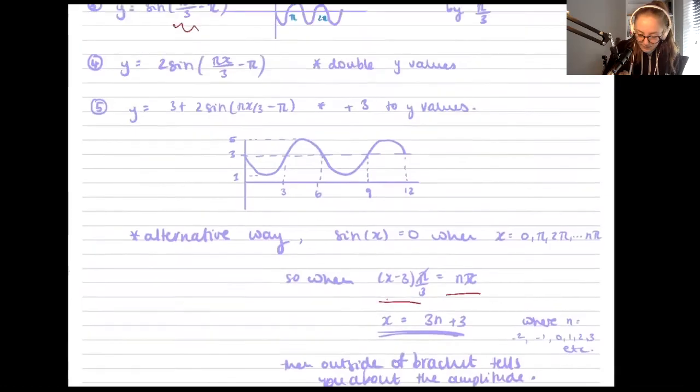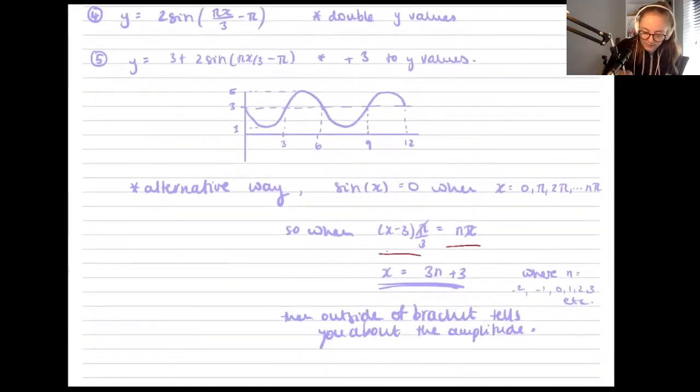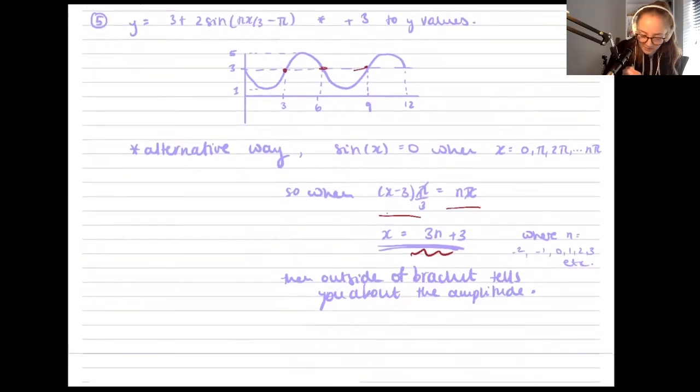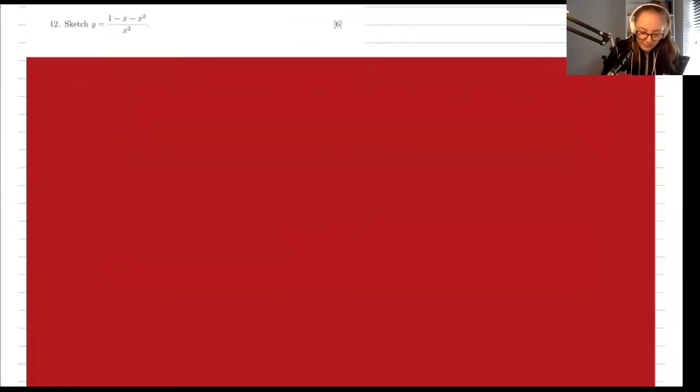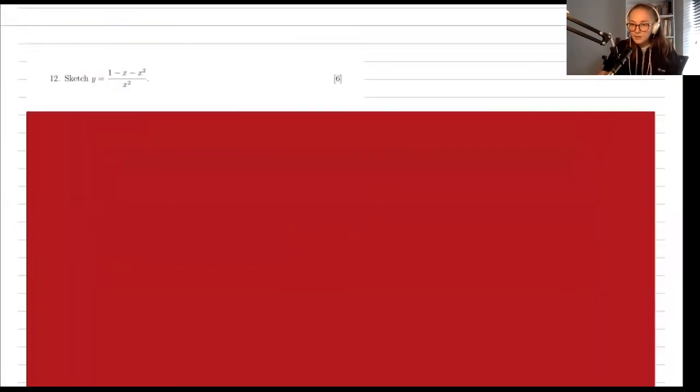So this here is what tells you that your graph will be 0 or, well, 3, I suppose, when we've shifted it up. But imagine this before we've shifted it up. It tells us that we'll have these values at 3, 6, 9, and 12. Okay, so this is another example of a graph sketching question.